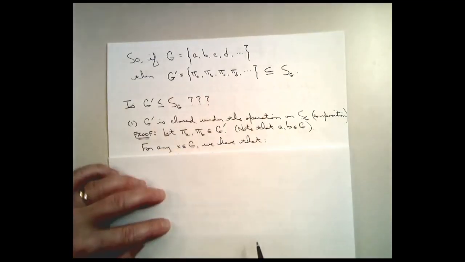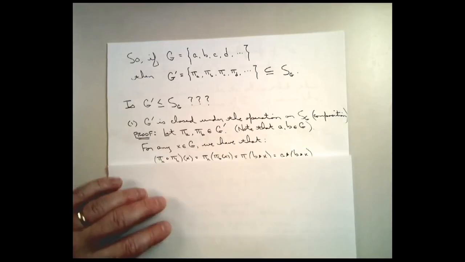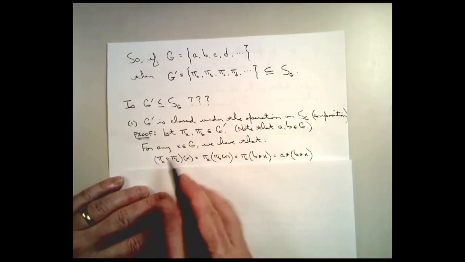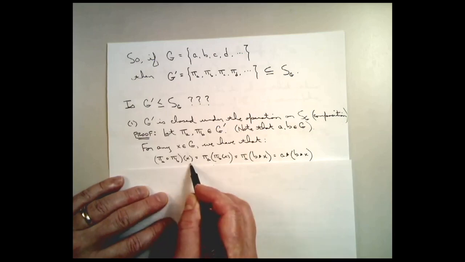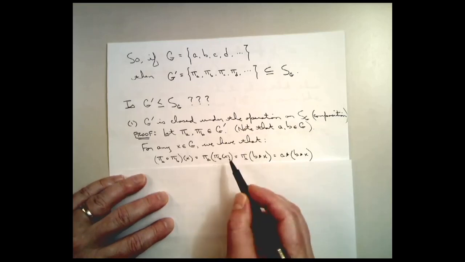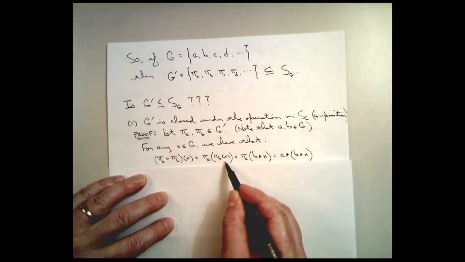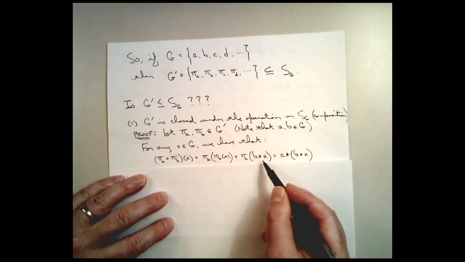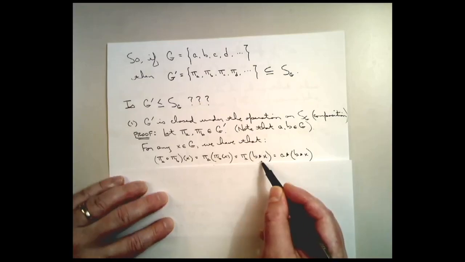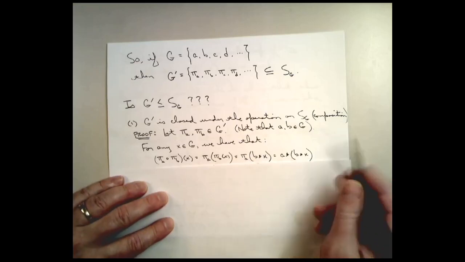The composition is also one of these. Well, let's pick something x out of G and notice that if I compose those two functions together and apply x to it, by definition of composition, I'm going to have pi sub A of pi sub B of x. By definition of pi sub B of x, that's B times x. So this is pi sub A of B times x. But then by definition of pi sub A, that's going to be A times B times x.